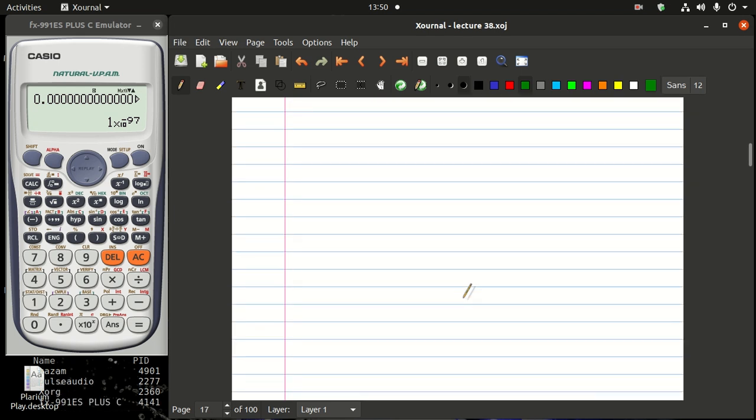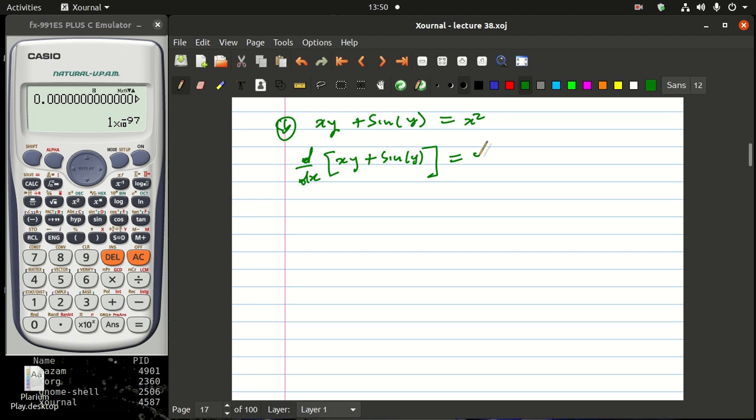Let's go and do another problem. Another problem was our b, and we had x times y plus sine of y was equal to x squared, and we still wanted to differentiate implicitly, so we take the derivative on both sides of xy plus sine of y, and then on the right hand side we also take the derivative with respect to x, and then we have an x squared there.